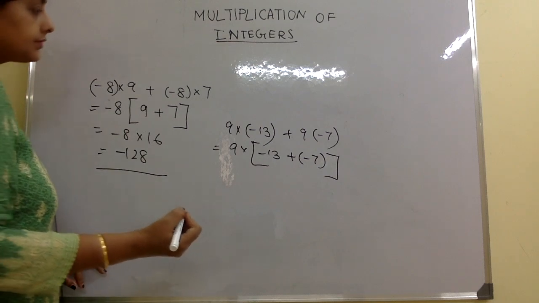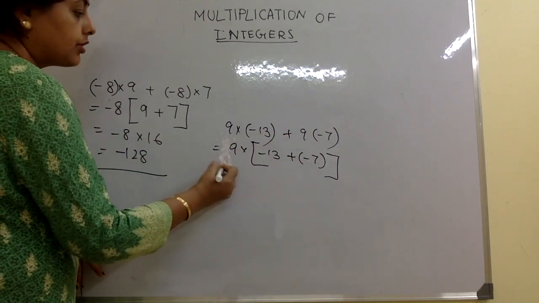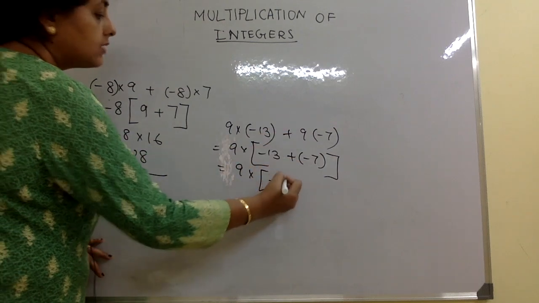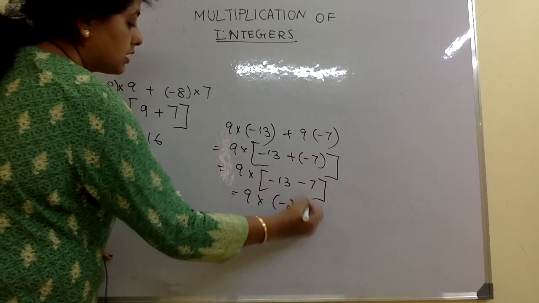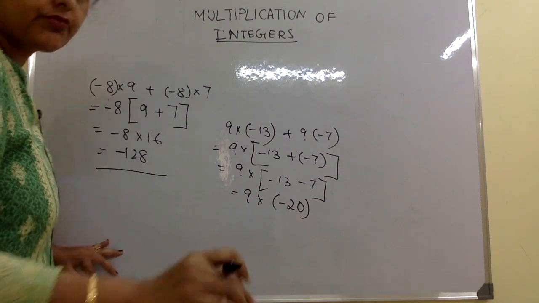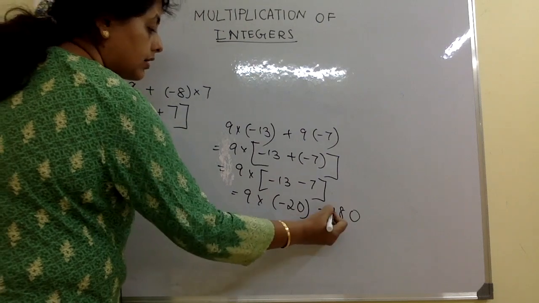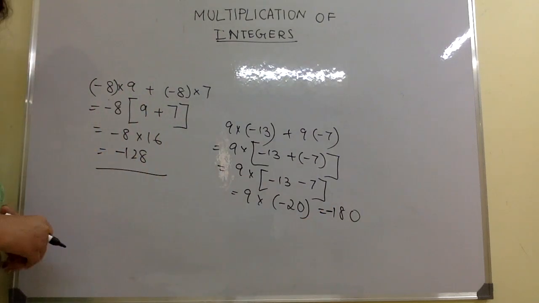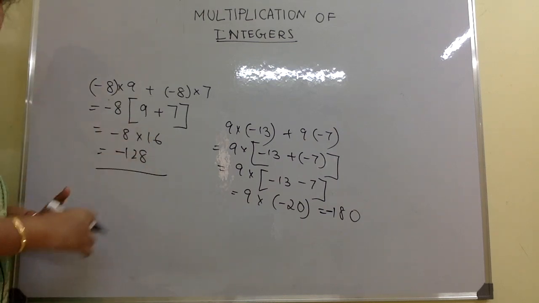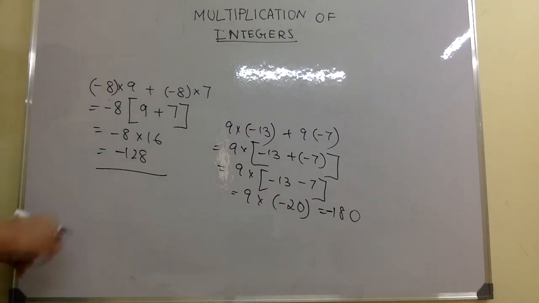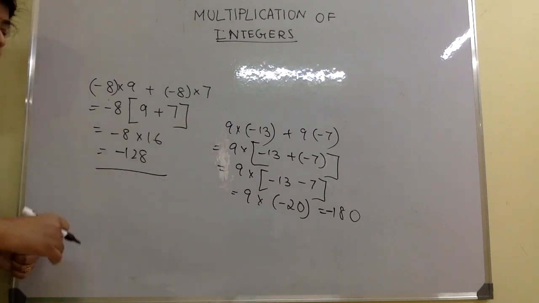Here it was positive, so we didn't bother to put a bracket, but here, since it is negative, we can put it like this: 9 into minus 13 minus 7, which is 9 into minus 20, which is equal to 9 2s are 18, put the 0, and minus 180. So we are doing it faster using the distributive property. Each time we are using the distributive property. You can multiply this and this separately and add, and you will still get minus 180.